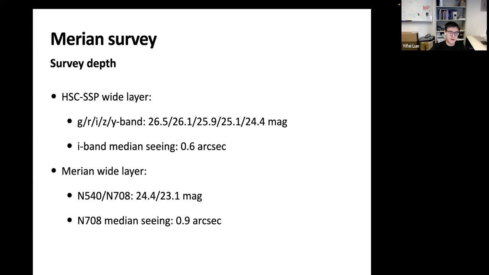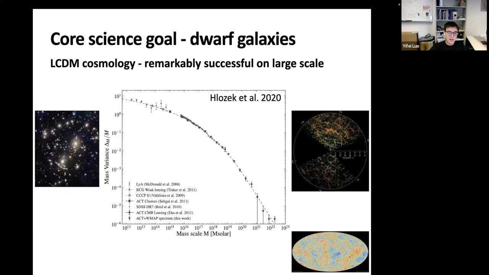Now I'm going to go back a little bit to talk about the science and the motivation for why we want to do this survey. We all know the standard lambda CDM cosmology has been really successful on large scales, from different aspects of science, all the way from the CMB to large scale structure and galaxy clusters.